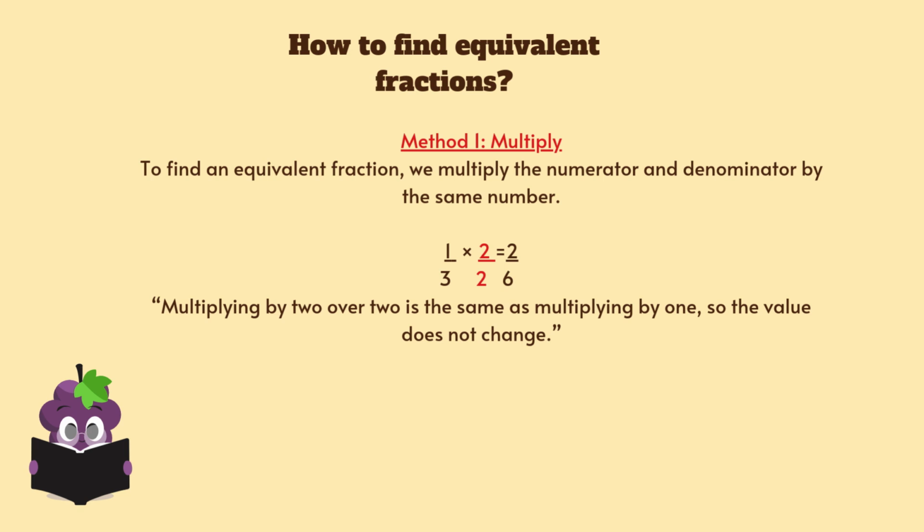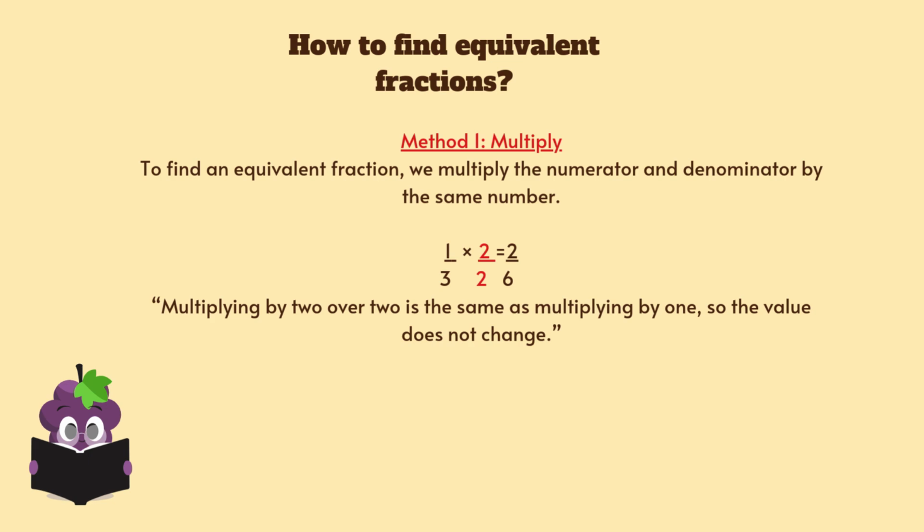What can we multiply this fraction by to get an equivalent fraction? We can multiply it by 2 divided by 2, which gives 2 divided by 6. 1 divided by 3 and 2 divided by 6 are equivalent fractions. Multiplying by 2 over 2 is the same as multiplying by 1. That's why the value doesn't change.